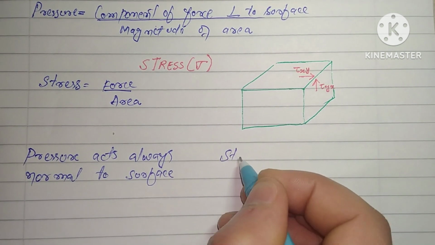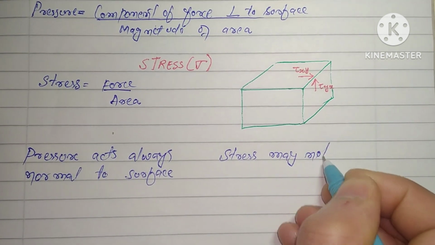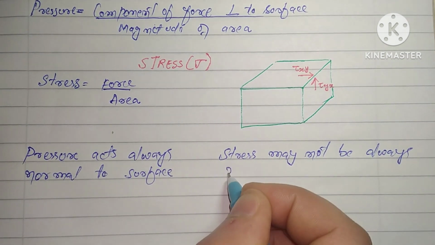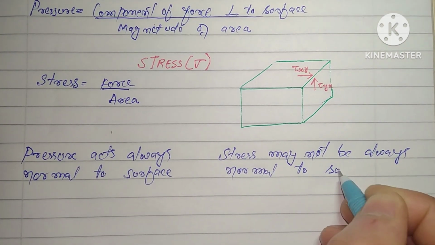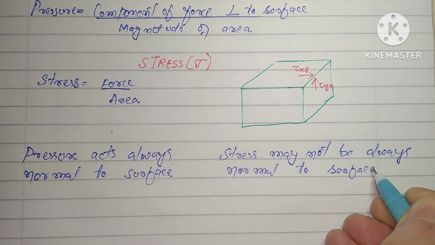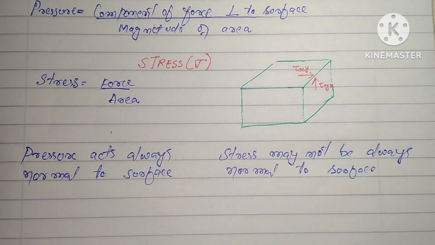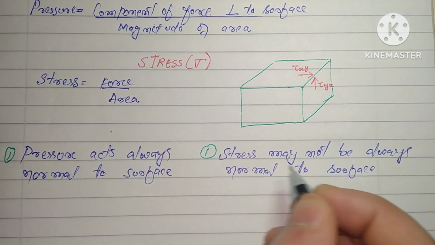Stress may not always be normal to the surface. That is the first difference between pressure and stress.